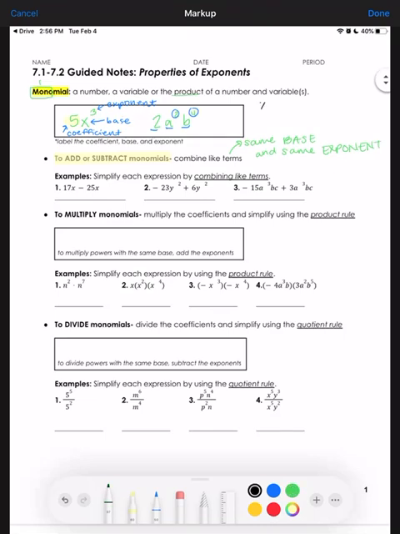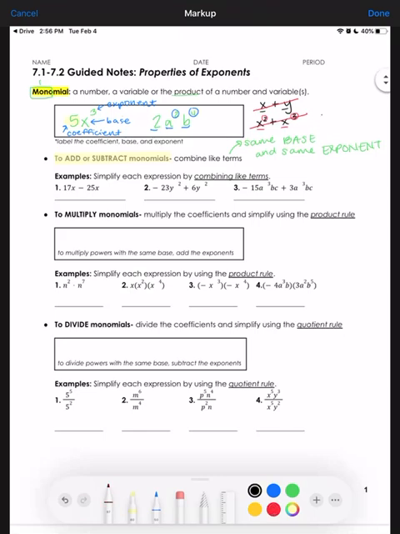An example, or I guess a non-example, is x plus y. I cannot combine these because x and y are two different bases. They're not like terms. If I had x squared plus x cubed, these are also not like terms. They have the same base of x, but this one is squared, this one is cubed. They don't have the same exponent.